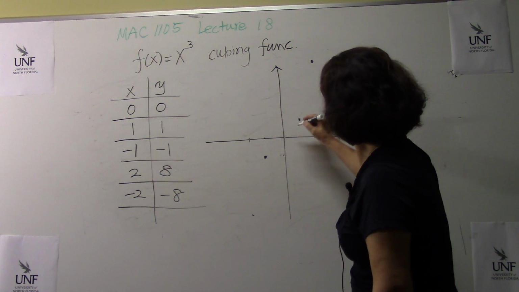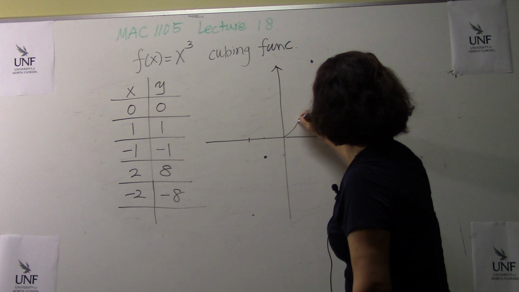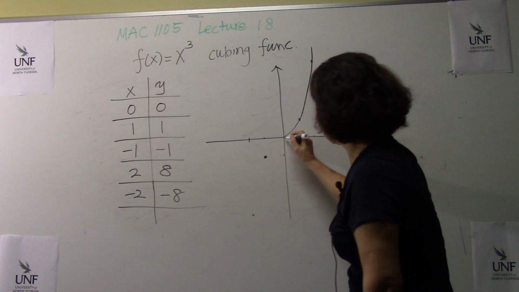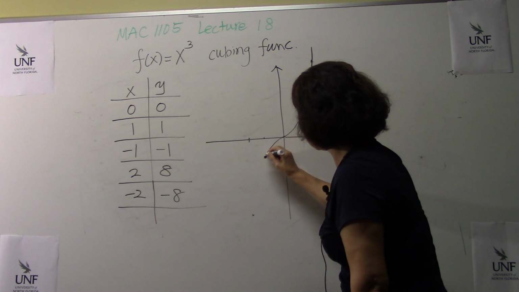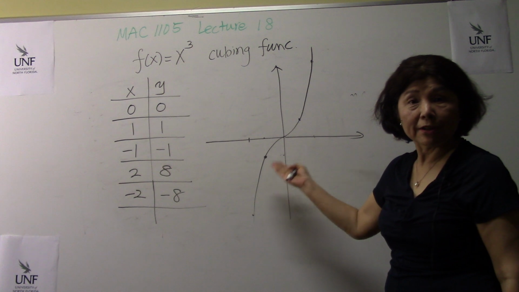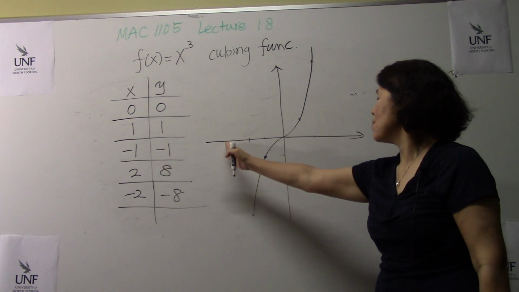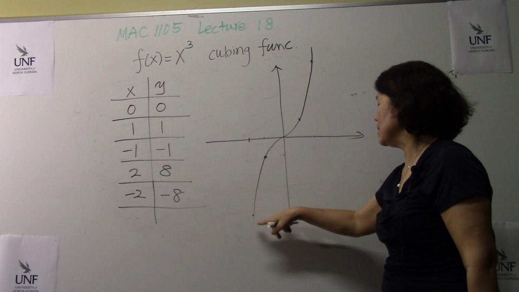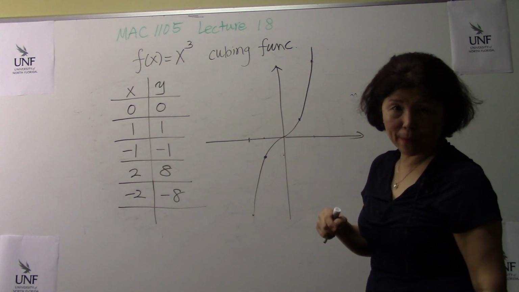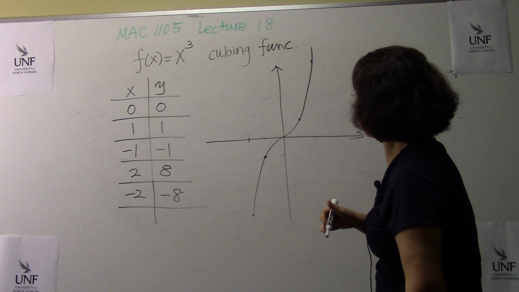So the graph is very, very rapidly increasing. You see, very rapidly increasing. Over here, the other side like this. But again, when you read the graph, we always read from left to right. So that means the function is increasing on its entire domain. Okay? So here we go.